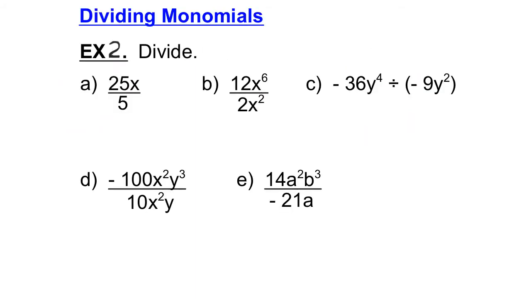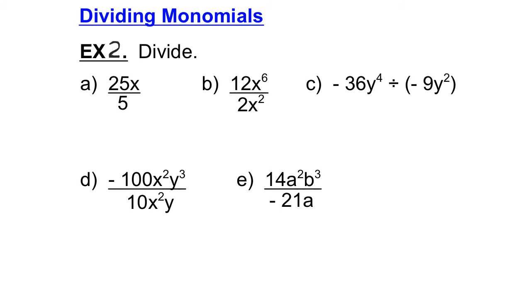Now, all of this stuff that we've been doing can be transferred to when we're dividing monomials. So here I have 25x divided by 5. 25 divided by 5 is 5. So I have 5x here. I do the same thing here. I do the same thing here. I'm just dividing the coefficients, or the numerical part, and then I'm dividing the variable part, or the letters.